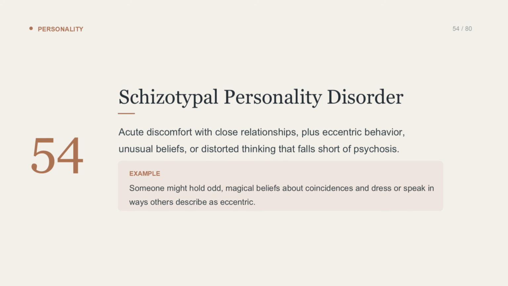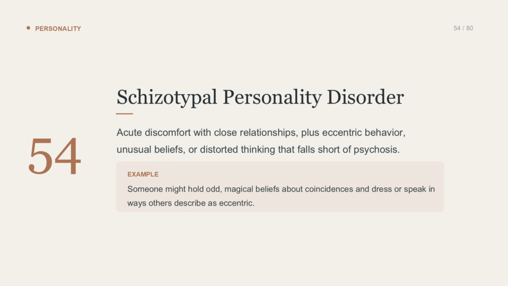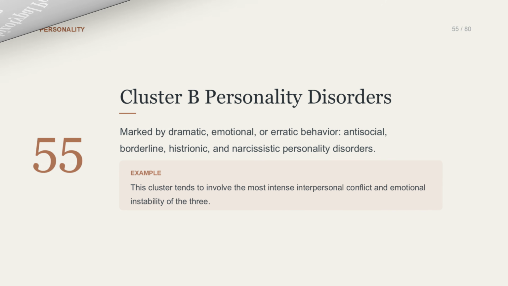Schizotypal personality disorder involves acute discomfort with close relationships, along with eccentric behavior, unusual beliefs, or distorted thinking that falls short of psychosis. For example, someone might hold odd, magical beliefs about coincidences and dress or speak in ways others describe as eccentric. 55.